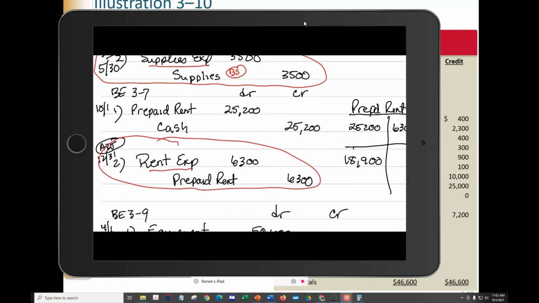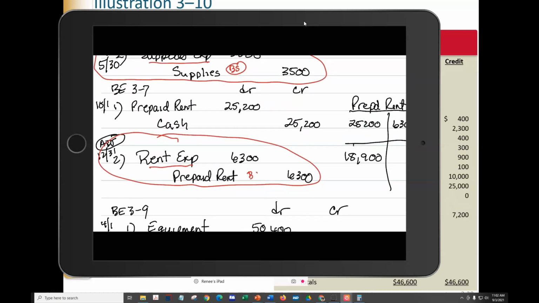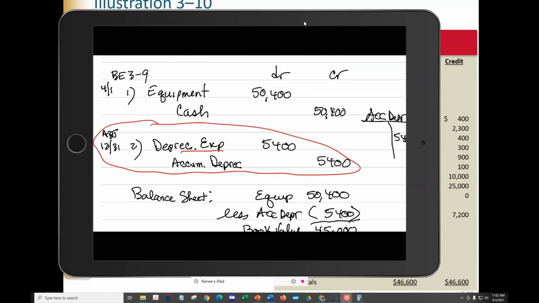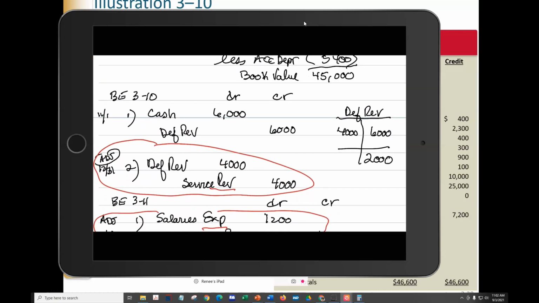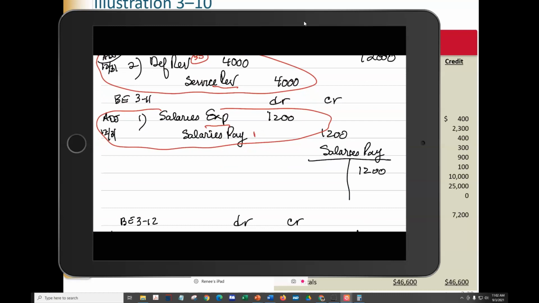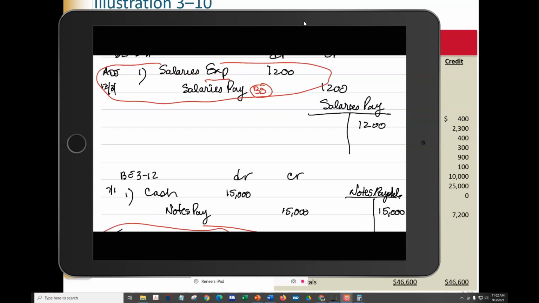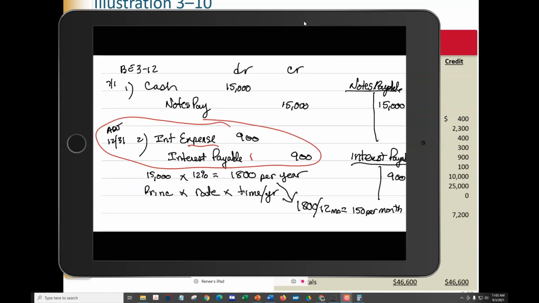So that's a balance sheet account. This is a balance sheet account. Balance sheet.